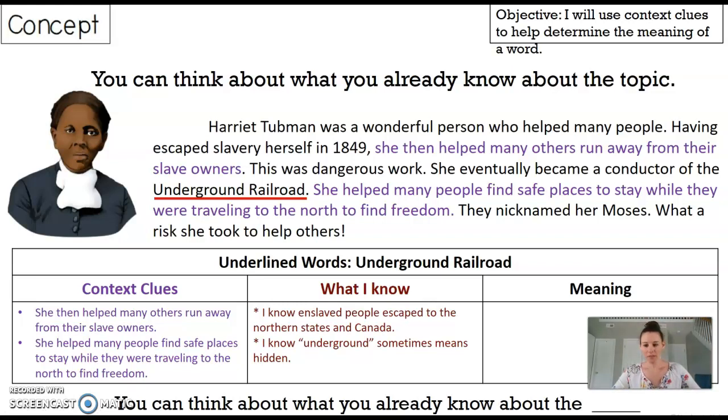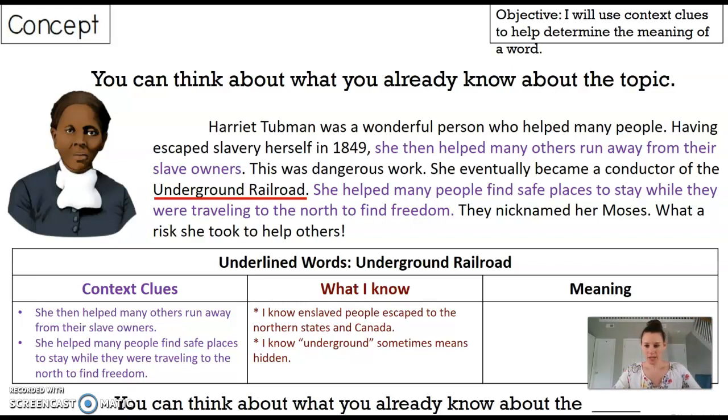It doesn't always have to be actually dug underneath the ground. Sometimes that word underground is another word for hidden. All right, so we're going to take our context clues and what we already know about the word, and then we're going to put those two things together to help us come up with the meaning of the Underground Railroad.